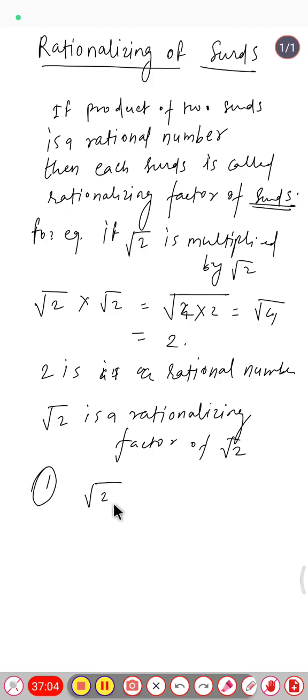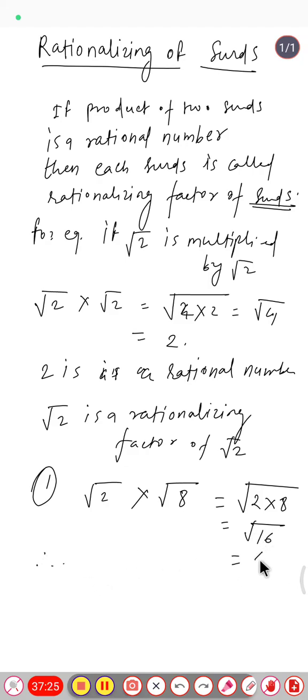Root 2 into root how much? It's root 8. Then when we solve this question, we get the answer: 2 into 8 is equal to how much? It's root 16. That means the root 16 is nothing but 4.